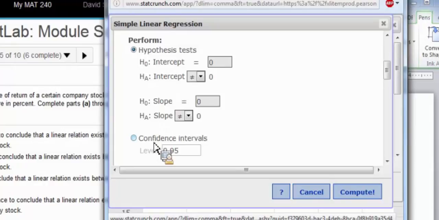We saw that with one proportion, two proportions, one mean, two means, matched pairs, all of them had this choice. So we choose confidence intervals, and the problem is asking us for a 90% confidence interval. For those of you who are watching my videos, a bunch of the videos used the older version of StatCrunch where this was on a separate page, but hopefully that's not a big deal. Still the same things to check off.